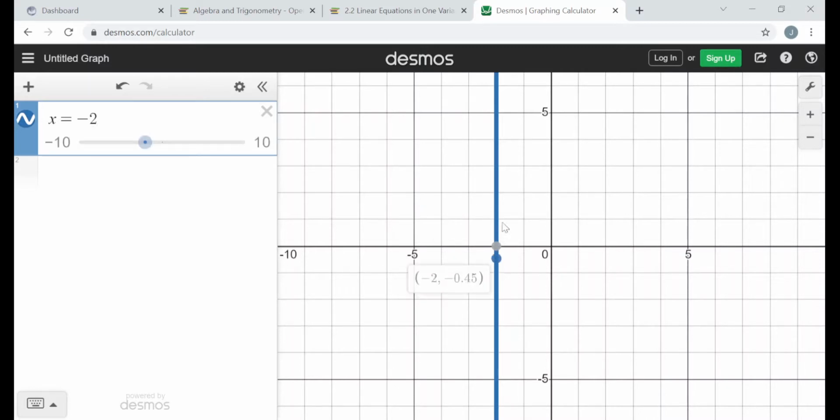And every single point on this line has an x coordinate of negative 2. Okay? That's it. It's that simple when the lines are vertical, when the lines are horizontal. Very, very simple stuff, in my opinion.